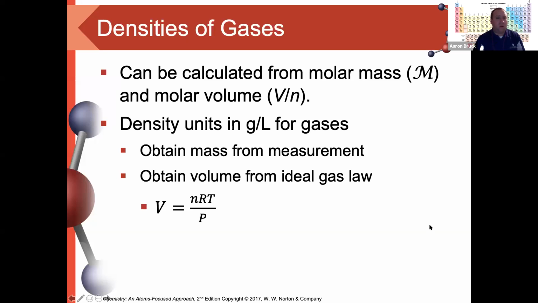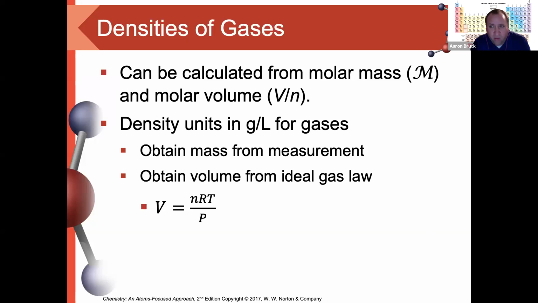All right, so we're continuing with the ideal gas law, and we're looking at some of the common calculations associated with it. The first of these is pretty common to do, and that is to take a density.